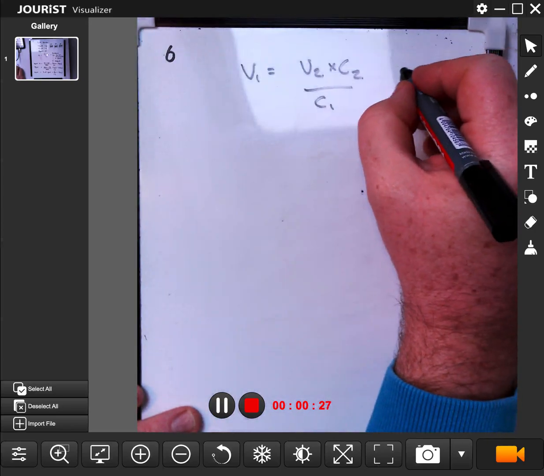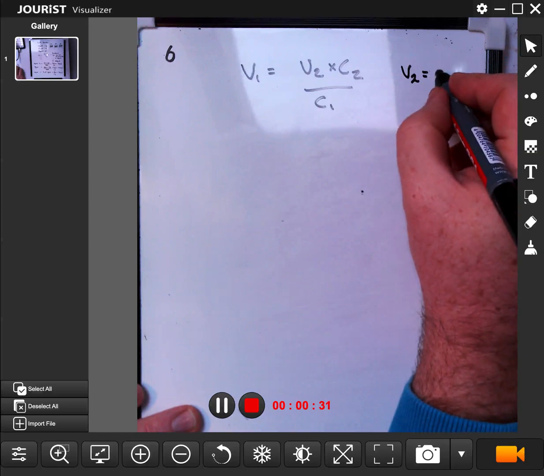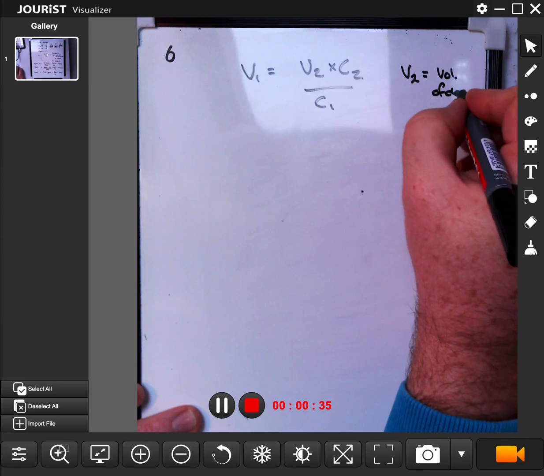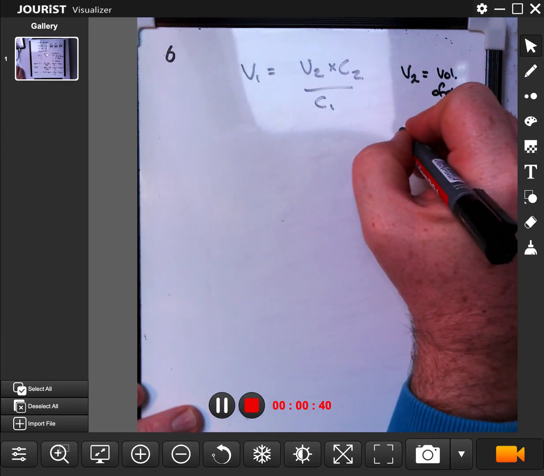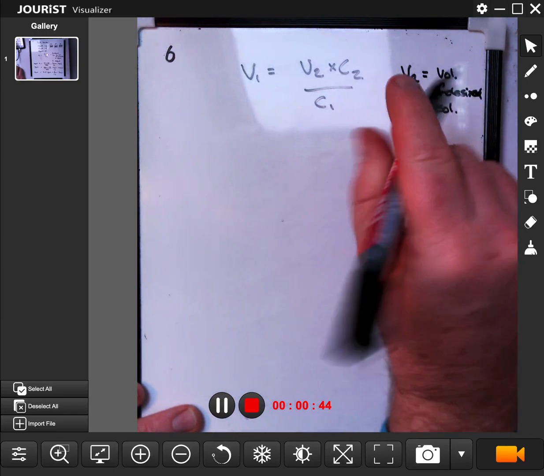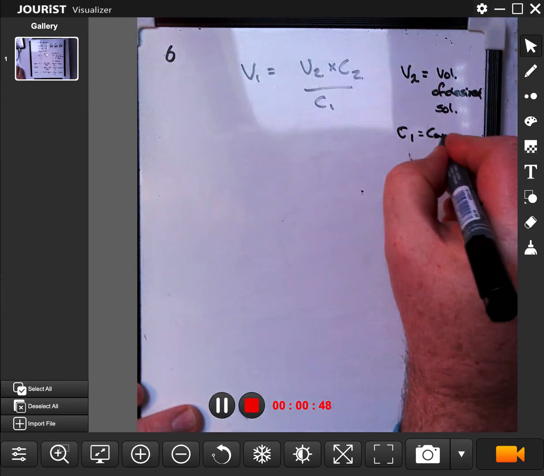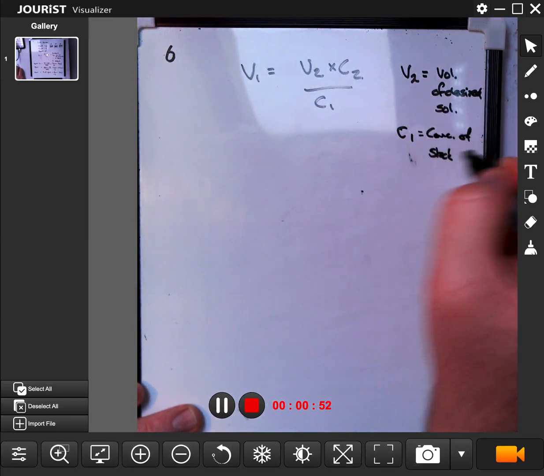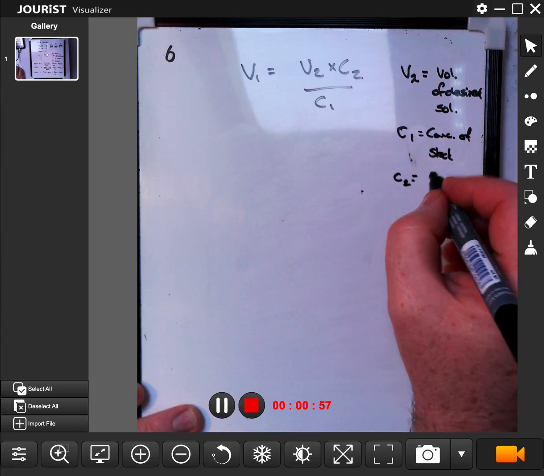and V2 is the volume of the desired solution. Sorry, C1 is the concentration of the stock solution, and C2 is the concentration of the desired solution.